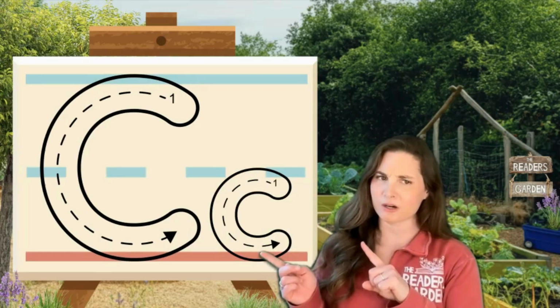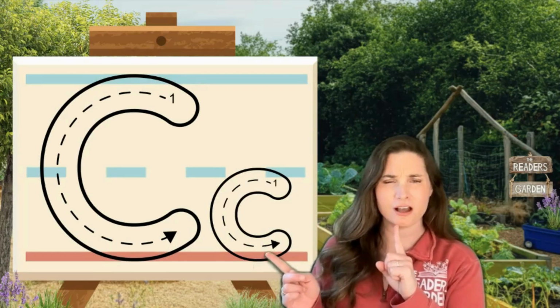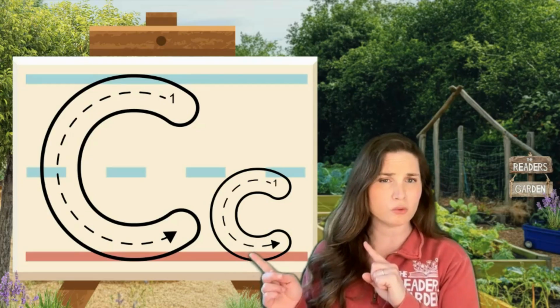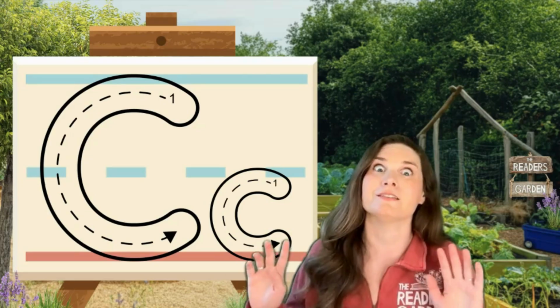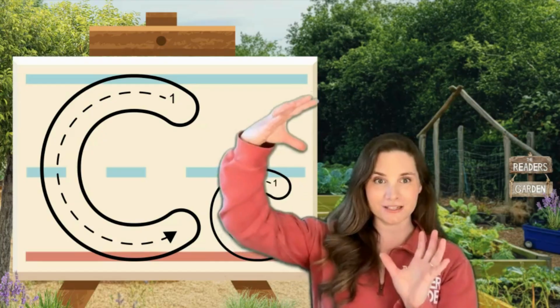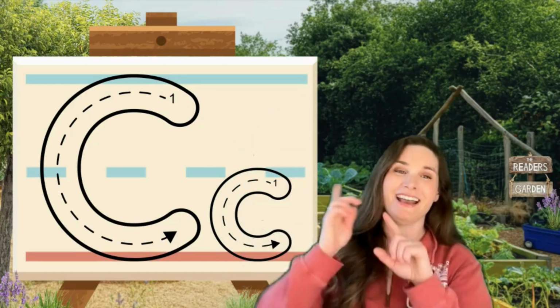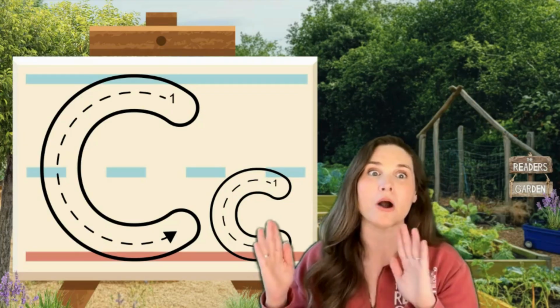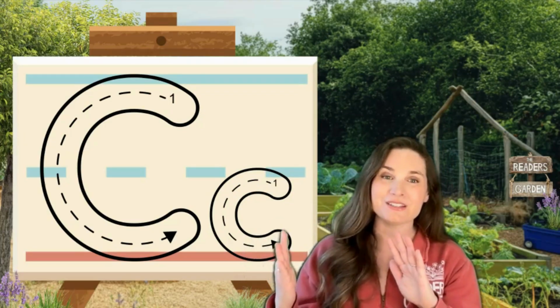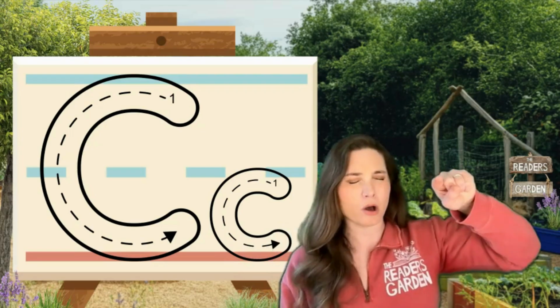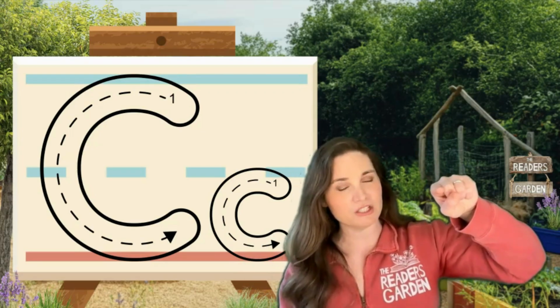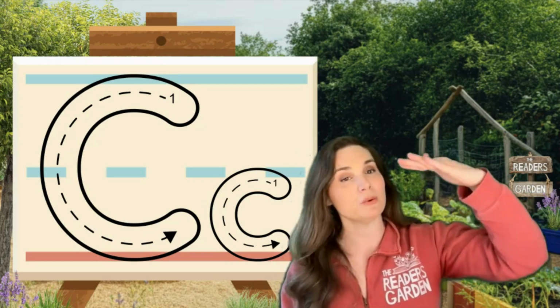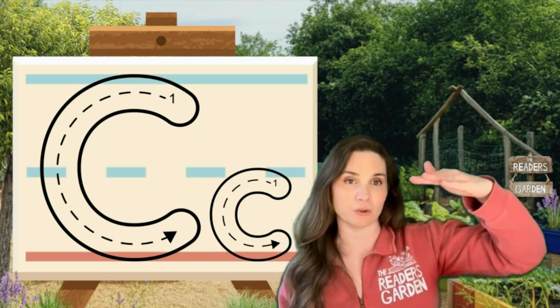Now let's look at this lowercase c. Does this look a lot like the uppercase C or not a lot? It looks a lot. It's like we took the uppercase C and just squashed it down, and that's how we get the lowercase c. This uppercase and lowercase duo are very similar. So let's do the same, almost like we're going to make a circle, but then we change our mind, but this time we keep it between the middle line and the bottom line for our lowercase c.